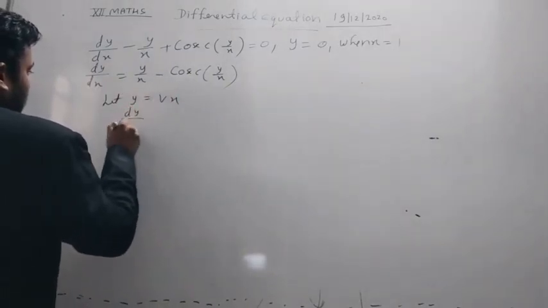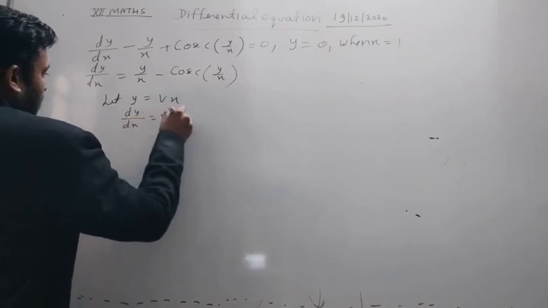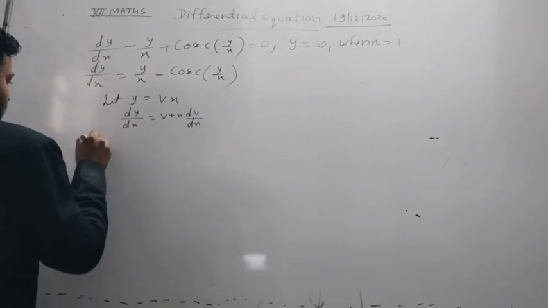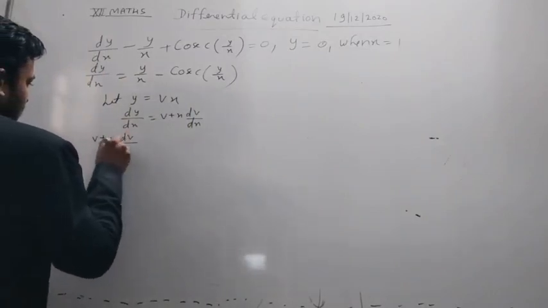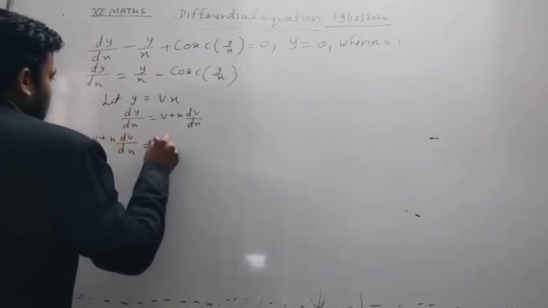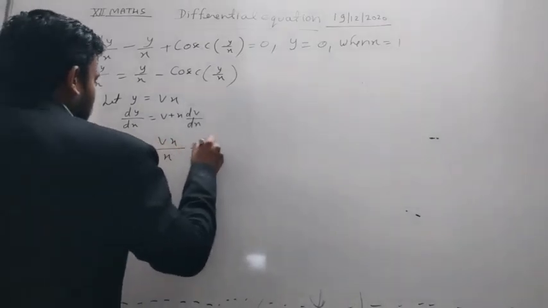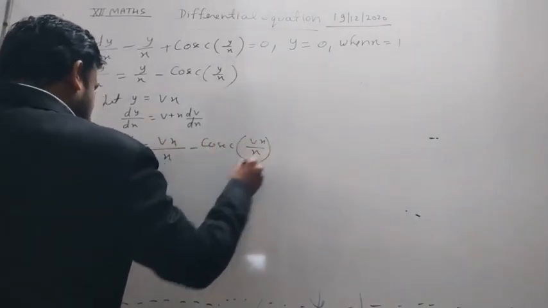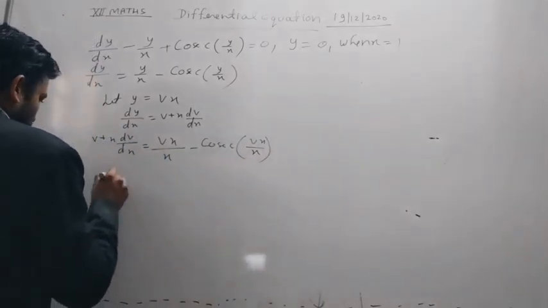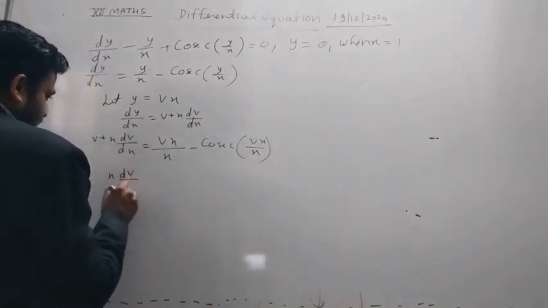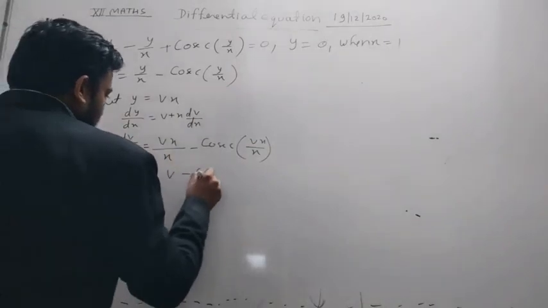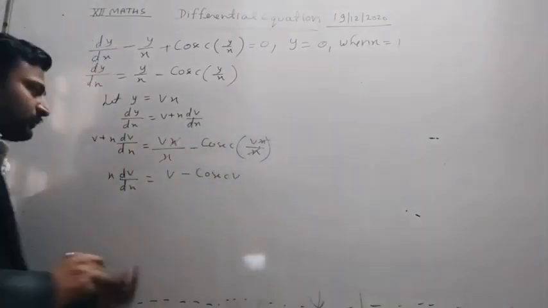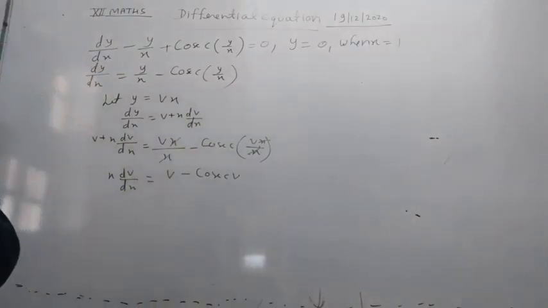So dy by dx is v plus x dv by dx, which we put here. So v plus x dv by dx is vx by x minus cosec of vx by x. So x dv by dx is v minus cosec v, because these both terms will be reduced, student.